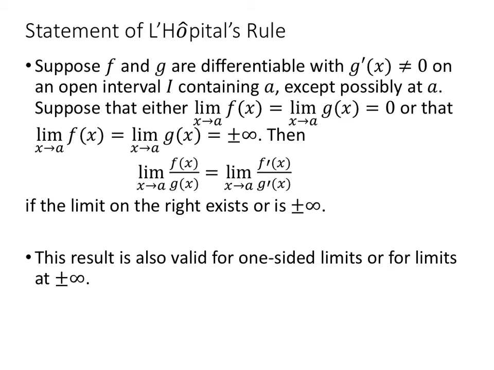Essentially what it says, modulo some fine print, is that if you have two functions f and g, and if the limit as x approaches a of f of x equals the limit as x approaches a of g of x equals 0, or both of those limits equal plus or minus infinity, then the limit of the quotient of the functions f and g is equal to the limit of the quotient of the derivatives.